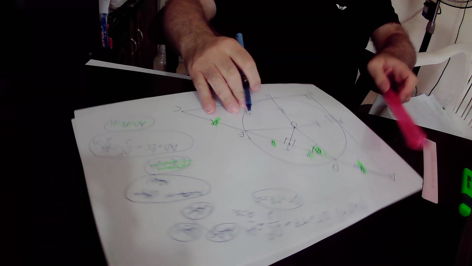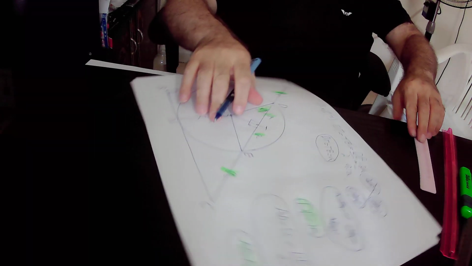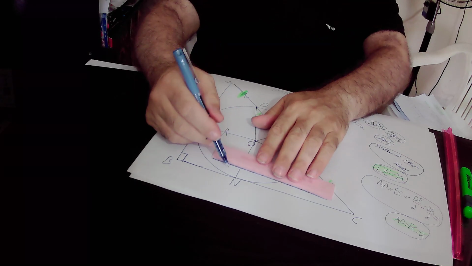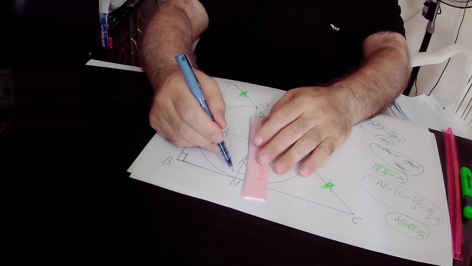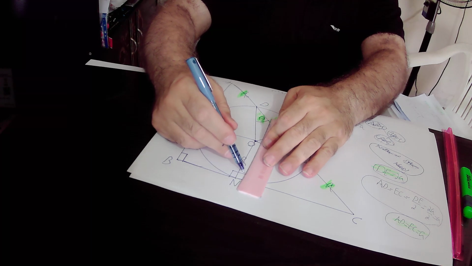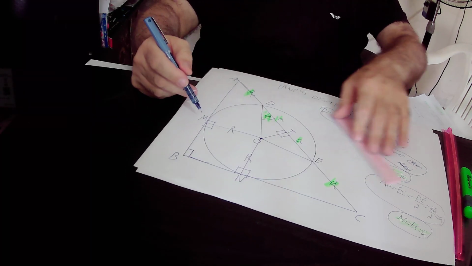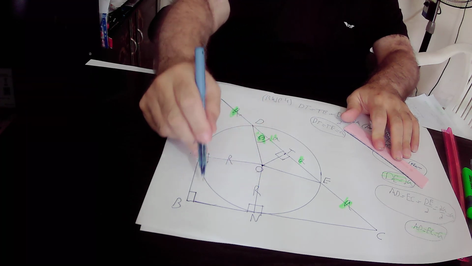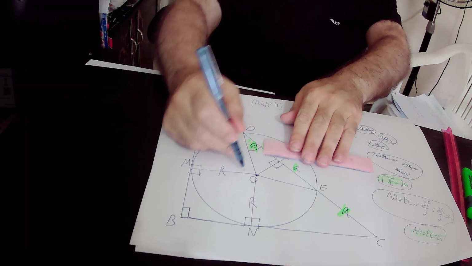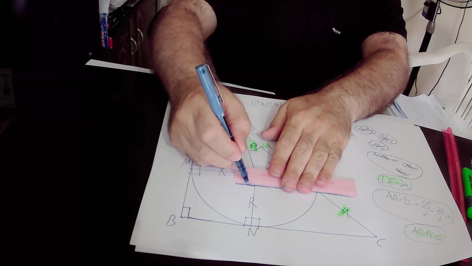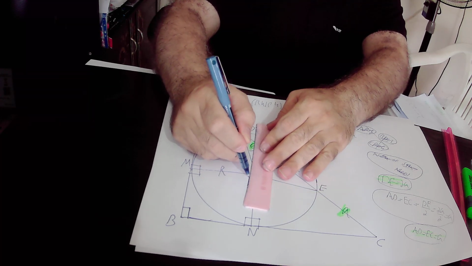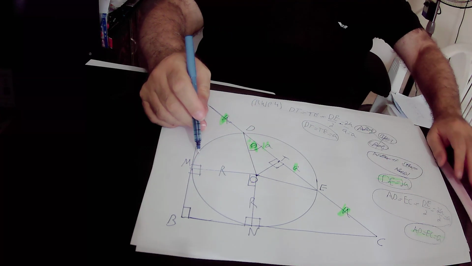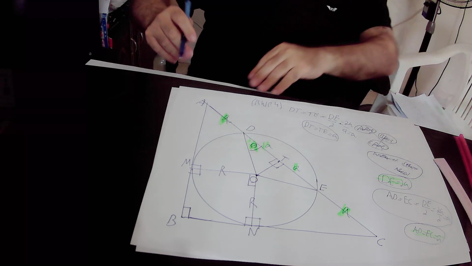And again, we have the radius ON that is drawn to the point of tangency, therefore according to rule number 1, this angle will be equal to 90 degrees and this angle will also be equal to 90 degrees. So inside quadrilateral MOBN we have 1, 2, 3 right angles. Therefore the fourth angle must also be equal to 90 degrees. So inside quadrilateral MOBN we have 4 right angles, therefore quadrilateral MOBN is a rectangle.